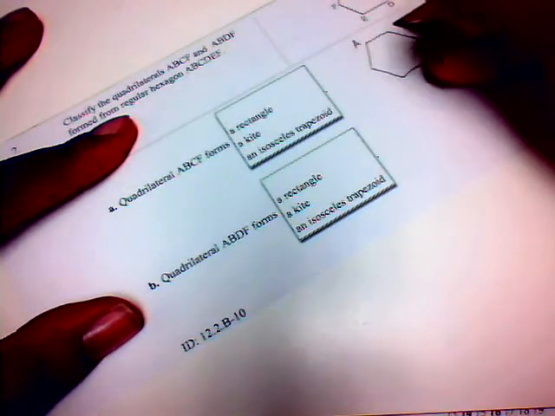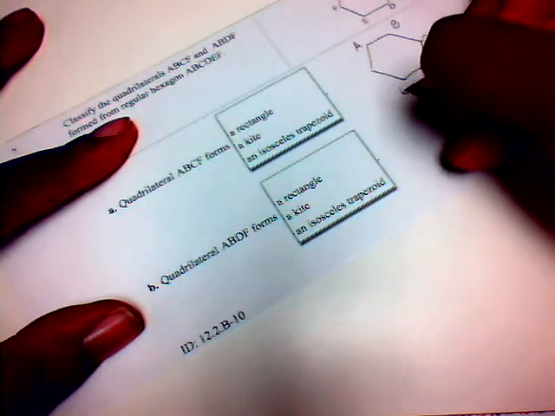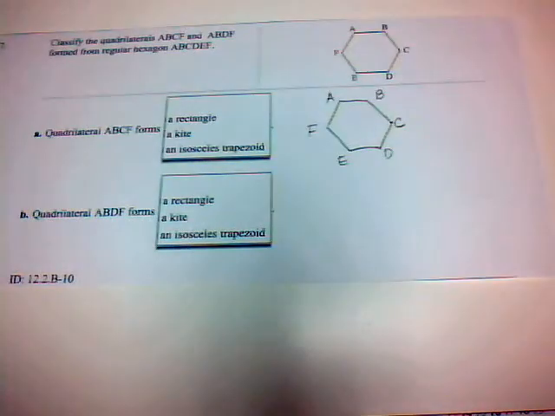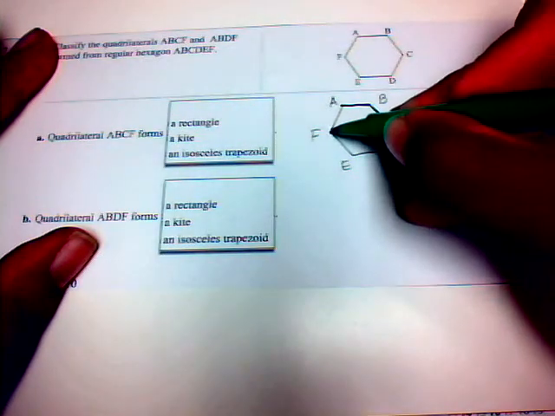I'm just copying the hexagon as is. Now let's trace in ABCF. Okay, here's A, going to B, to C, and then to F. Coming this way. And then F will go back to A.